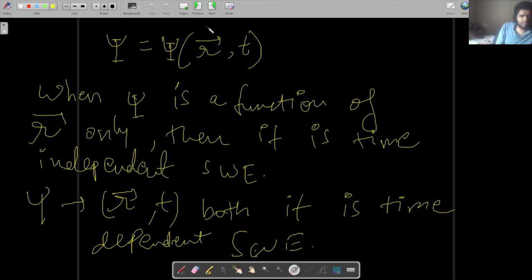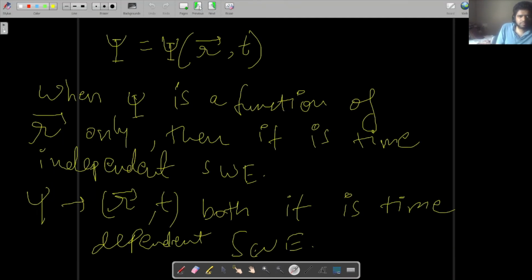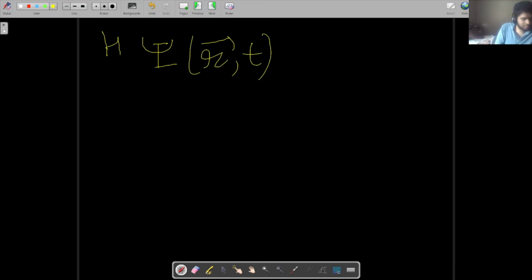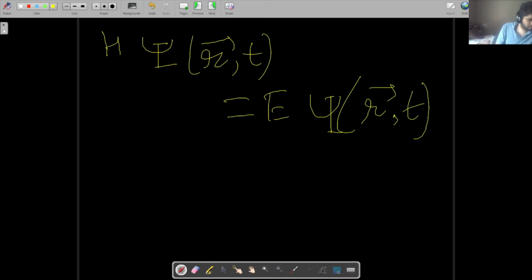Now the equation can be written in this form: H psi(r, t) is equal to E psi(r, t).